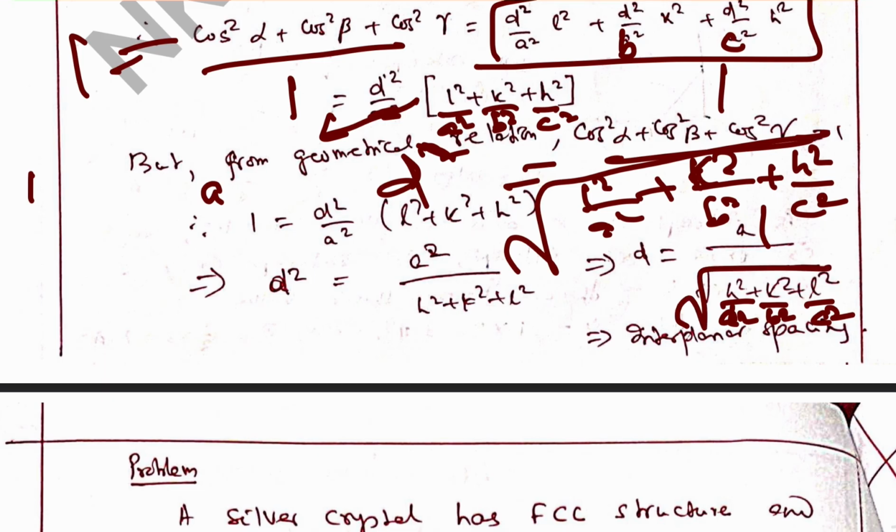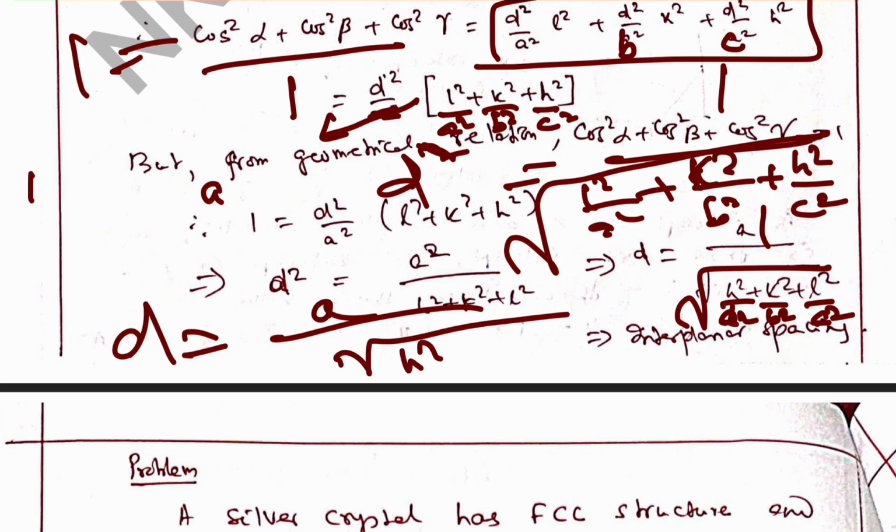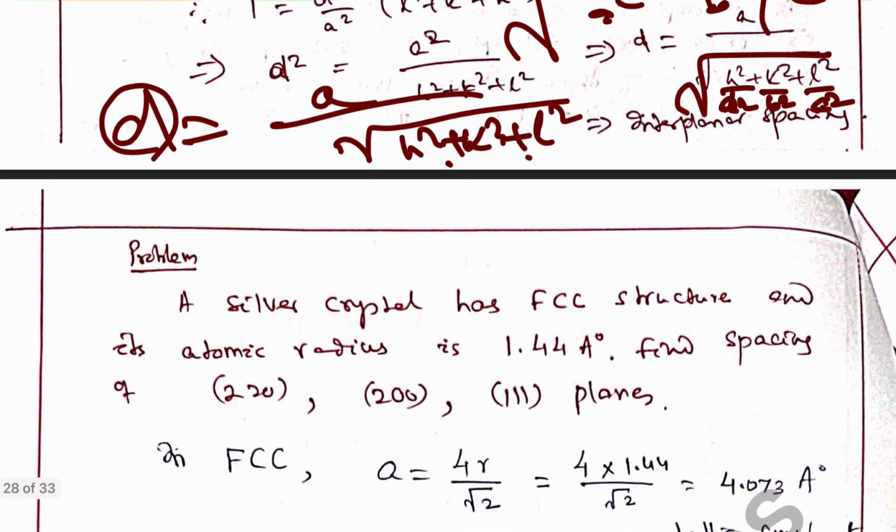This will be D. Or if A is equal to B is equal to C, in that case D will be A by root over of H square plus K square plus L square, where D is the interplanar spacing, and H, K, L are the Miller indices.